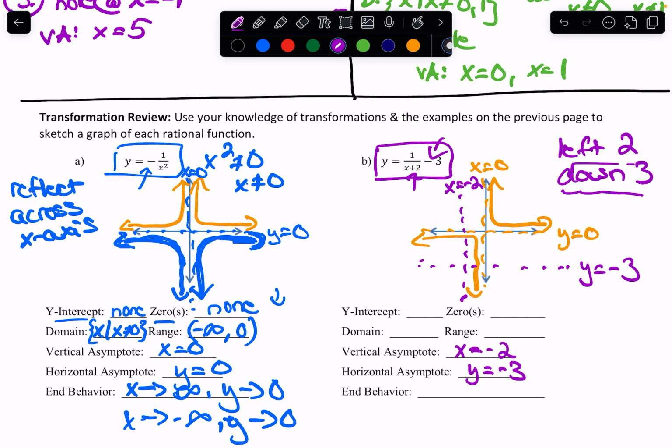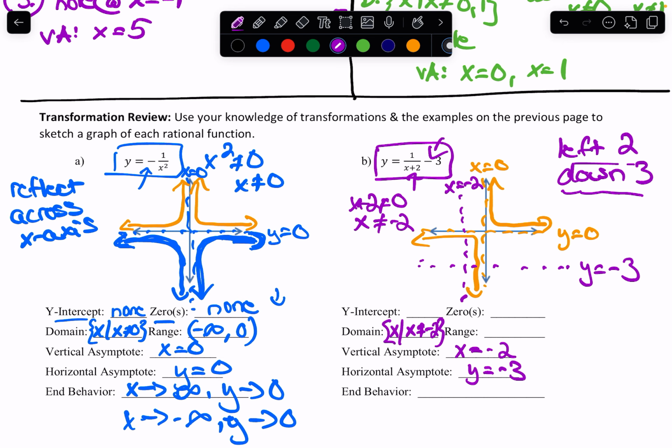So we can kind of sketch where it's going to be. We know that our domain is going to be x is such that x plus 2 cannot equal 0. So x cannot equal negative 2. There's our vertical asymptote as well.